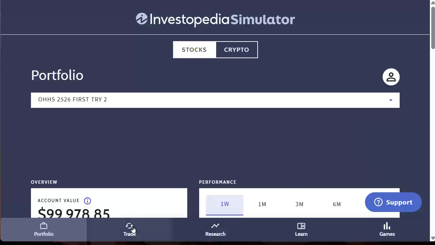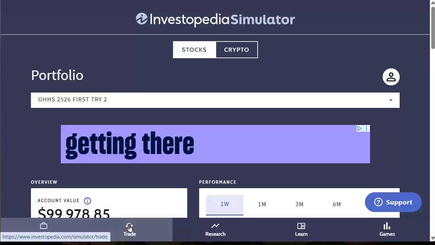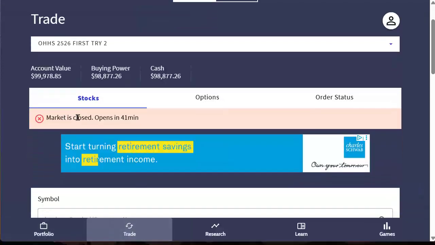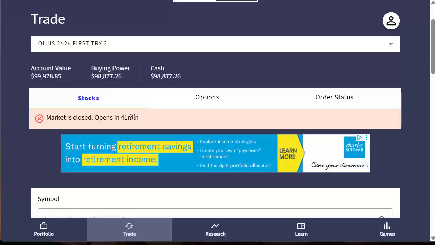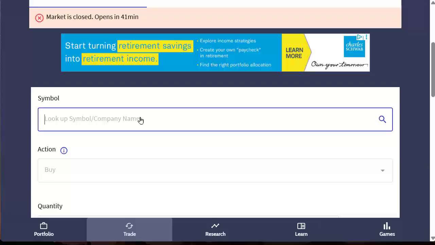So to buy, you go to trade. Sometimes trade is at the top, sometimes it's at the bottom, but you click on trade. Right now I'm recording at 8:48 in the morning, so the market doesn't open until 9:30. We're going to look up a company and we'll just go through a couple of the basic ones.